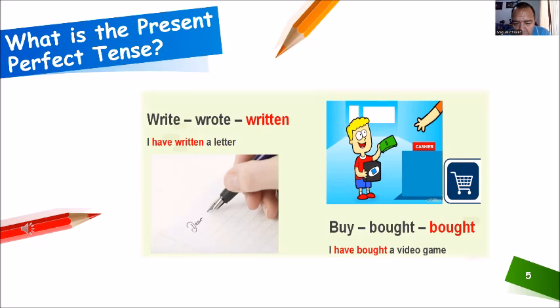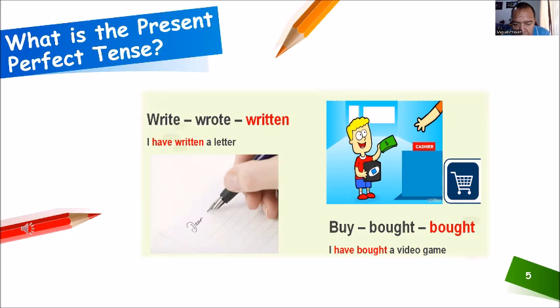Don't let the name confuse you, even though the word present is there. The present perfect tense deals with actions that happened or started in the past. It is often used interchangeably with the simple past tense, although there are some unique situations in which you can only use one or the other, which we'll explain now.